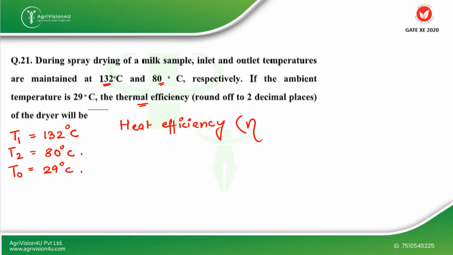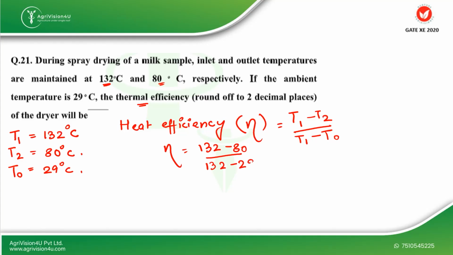So heat efficiency is (T1 minus T2) by (T1 minus T0). Just calculate: 132 minus 80 by 132 minus 29. So it is 50.48%. So this will be my answer.